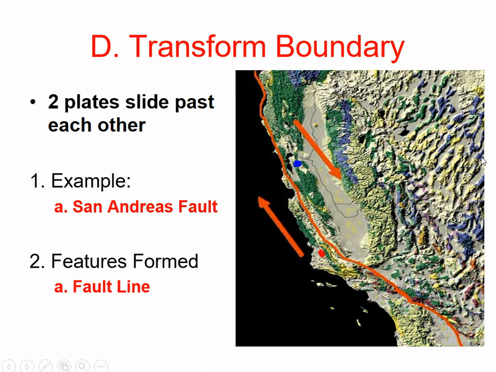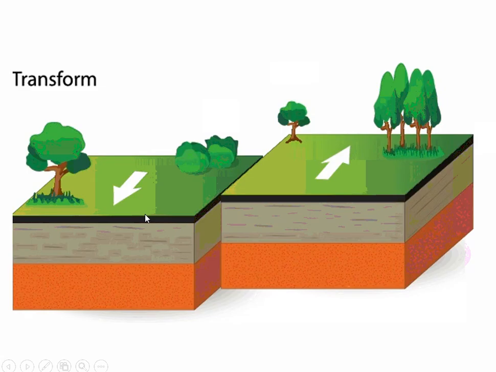To get your bearings straight, this is the west coast of the United States. Here's the US, what is known as the North American plate, which is moving in a general southeast direction, while the Pacific plate is grinding to the northwest. Here is a transform boundary modeled by this diagram, where we can see two plates grinding past each other in the opposite direction.